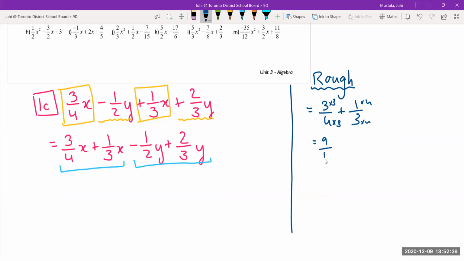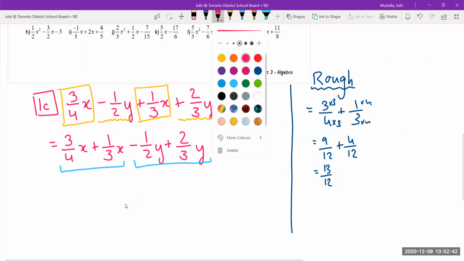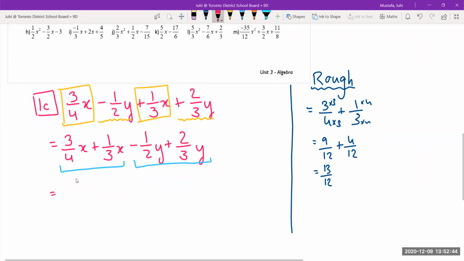We're going to get 9 over 12 plus 4 over 12, which is going to give me 13 over 12. Do you need to change that into an improper fraction? A mixed fraction? The answer is no. You can keep it as an improper fraction and just leave it as 13 over 12x.